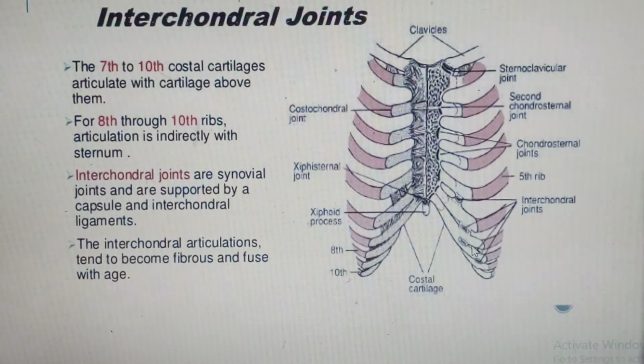Count 1 2 3 4 5 6 7, 8 downwards: all these areas are going to have interchondral joints between these costal cartilages. But one key thing is that as one ages, they tend to become fibrous. So that's the interchondral joint, which may also be a synovial joint.